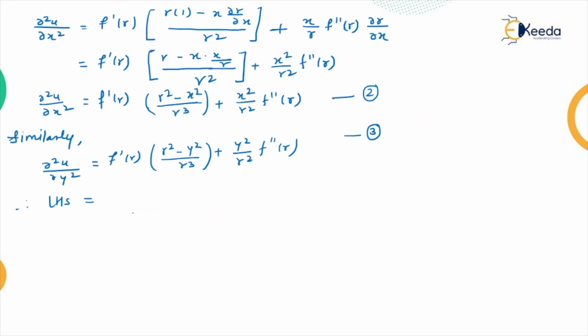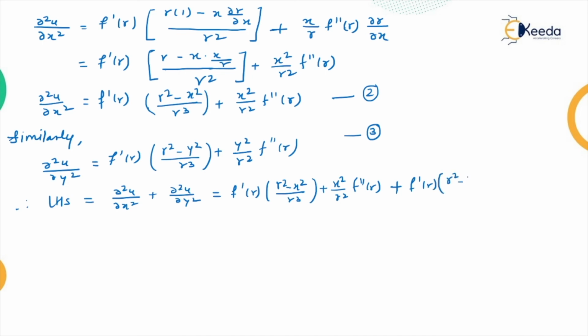We have to just put the values here. After putting the values, it becomes f dash of r in bracket (r square minus x square) divided by r cube, plus x square upon r square f double dash of r, plus ∂²u/∂y², which is again f dash of r in bracket (r square minus y square) divided by r cube, bracket complete, plus y square upon r square f double dash of r.